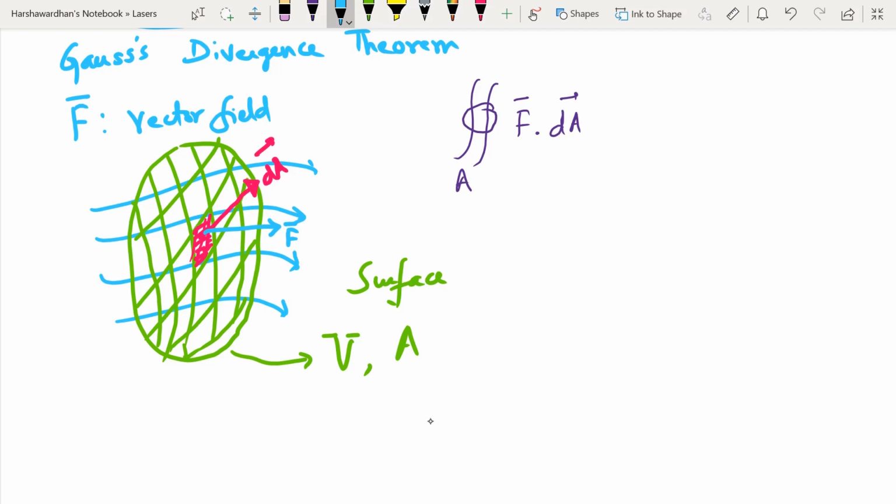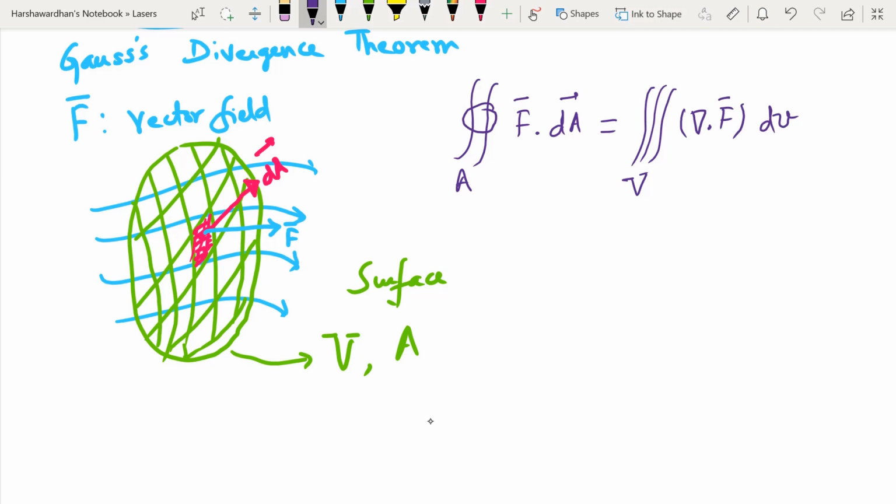I need to do this across the whole surface that is enclosing it, and Gauss's divergence theorem states the following: that the closed surface integral of F dot dA is basically the volume integral, that is, in the volume of it, if I calculate the divergence of this vector field and integrate it over that volume, then these two quantities are equal.